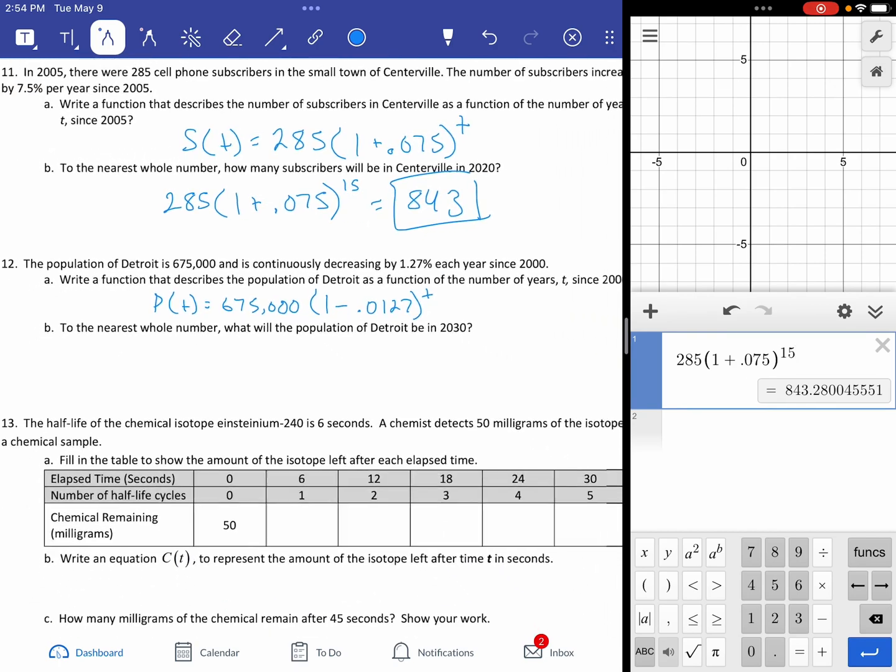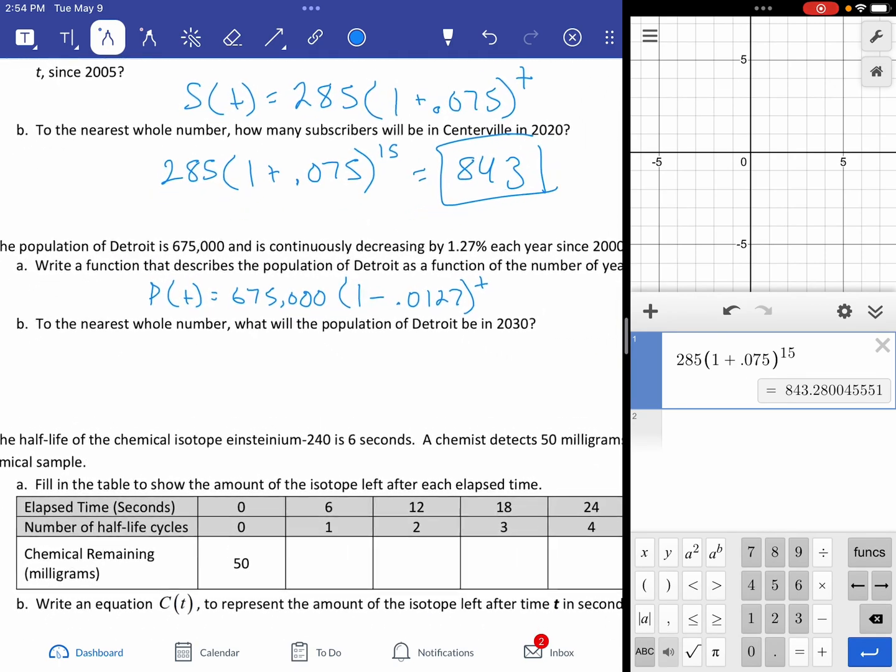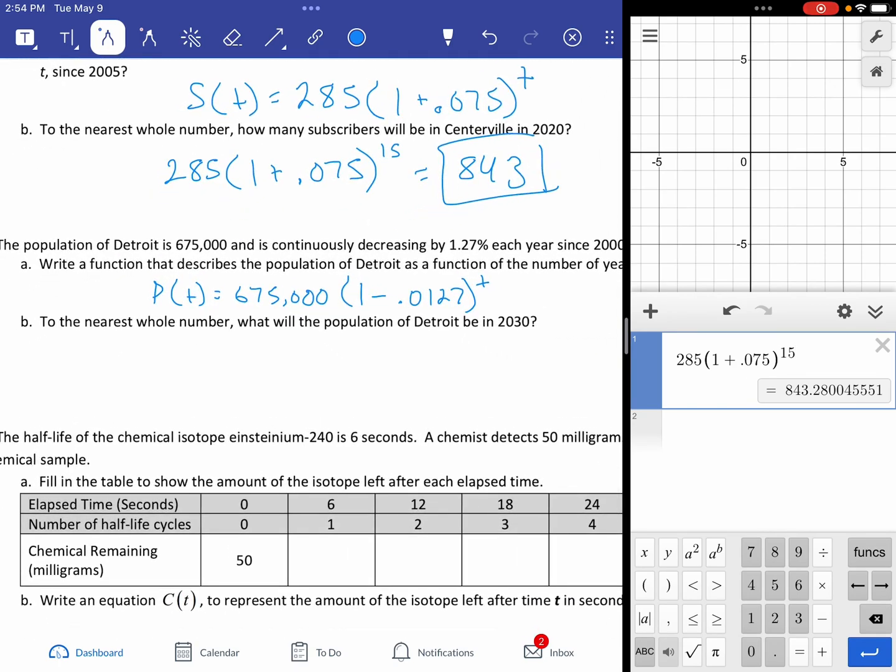So if we started in 2000, we're going to be going to 2030. So here we go, 675,000 times 1 minus 0.0127 to the 30th year.